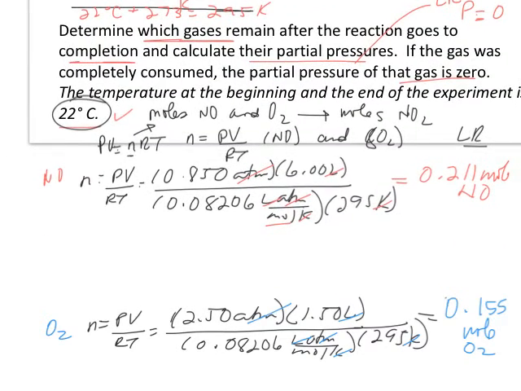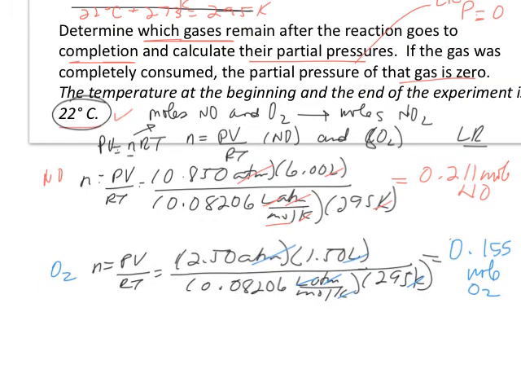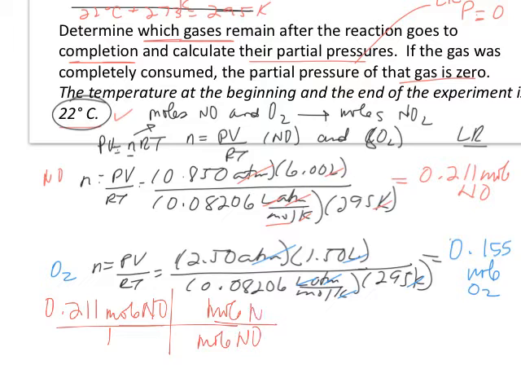Now, what we need to do is convert each one of these moles to our product. So we have 0.211 mole of NO, and we're going to go from mole of NO to mole of NO2.